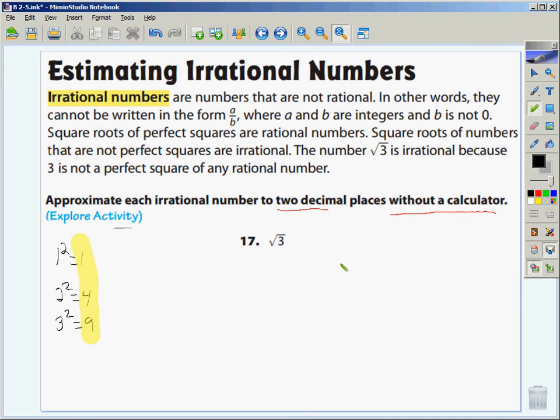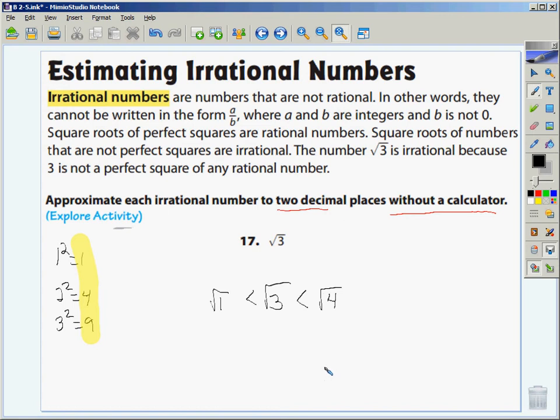And what you're trying to do is find a number on each side of this square root. What is it greater than? What is it less than? Well, 3 is greater than 1, so it's greater than the square root of 1. But it's less than 4, so it's less than the square root of 4.